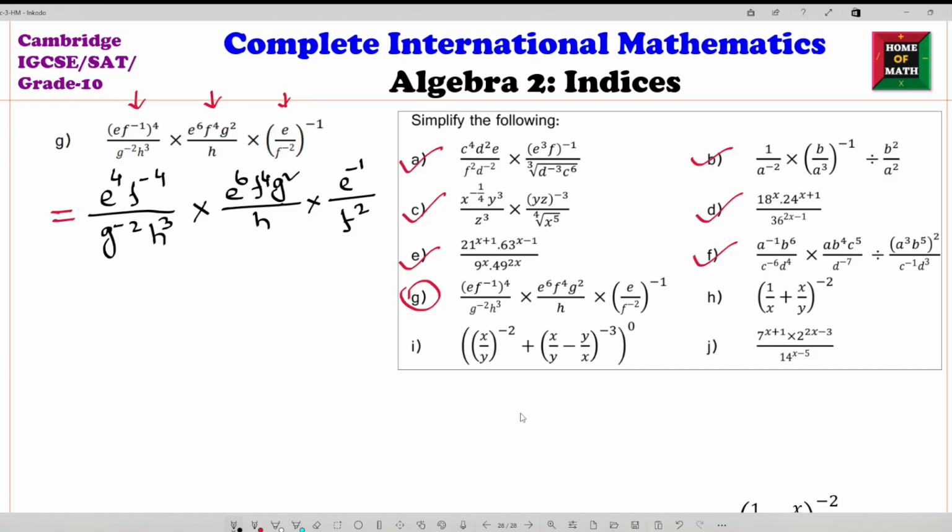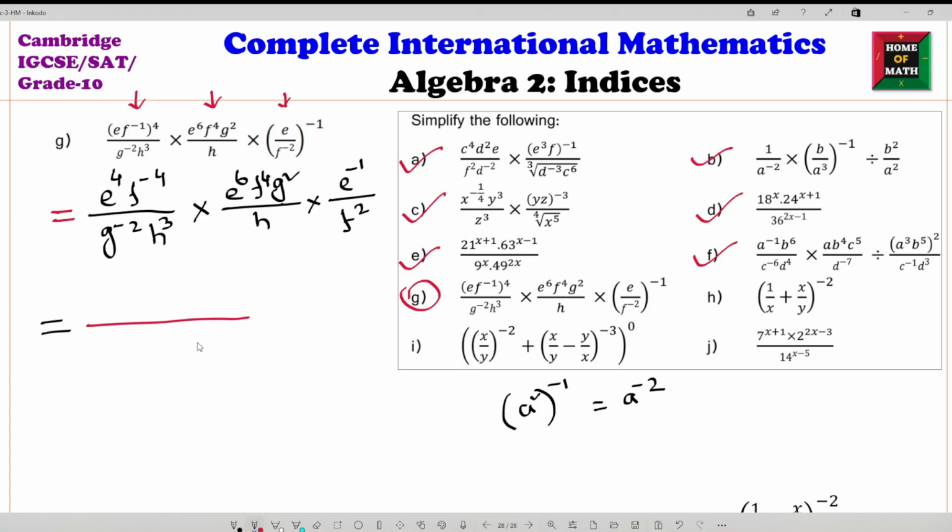Why this one? We know a squared to the power minus 1 will become a to the power minus 2, right? Now we segregate which ones we will keep in the denominator and which ones in the numerator.